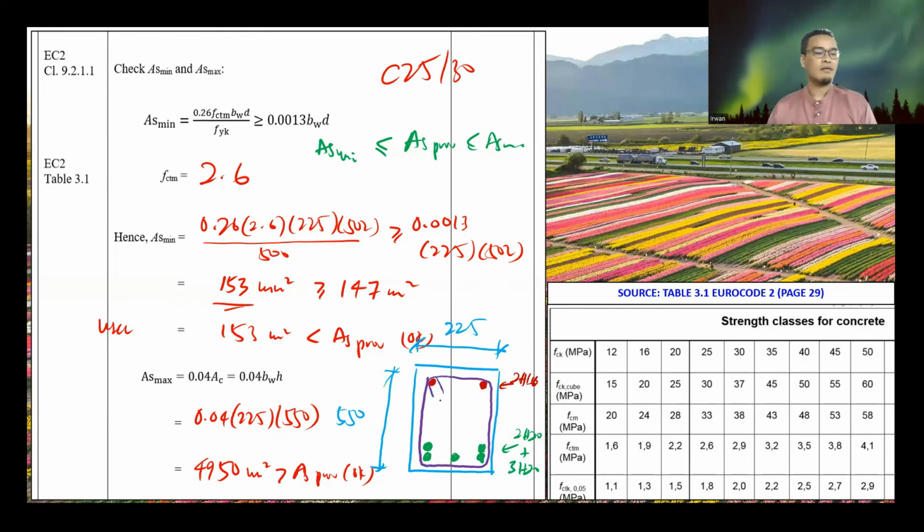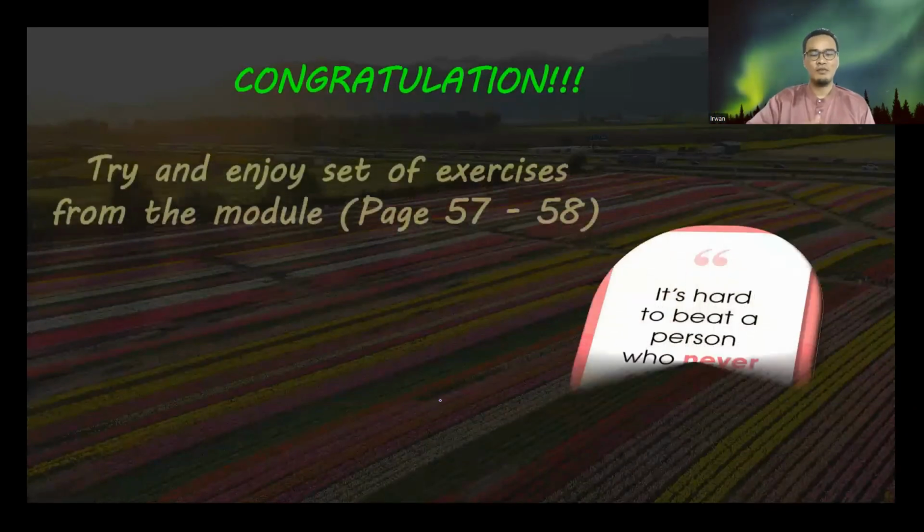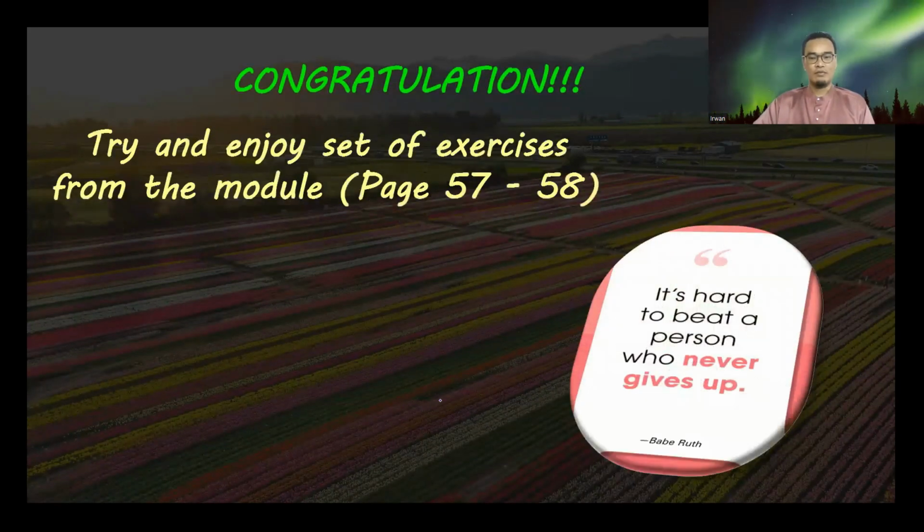This is how to sketch the detailing of your cross sections. Congratulations, you just finished tutorial 2.6. So you can enjoy the set of exercises from the module, page 57 to 58.